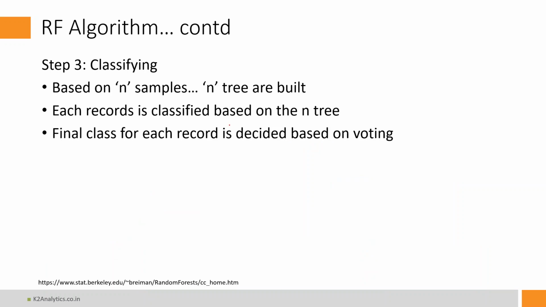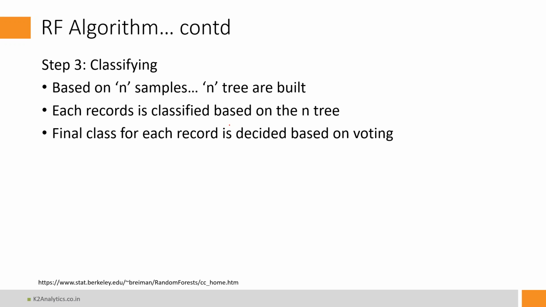The final step is, based on your n samples, n data sets, D1, D2, D3, Dn, you have built n classification trees. Each record is now classified based on n trees. The final class of each record will be decided based on voting principle, that is the mode principle. If majority of the predictions comes out to be class 1, final outcome will be class 1.